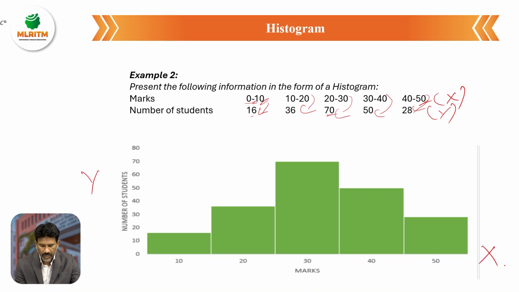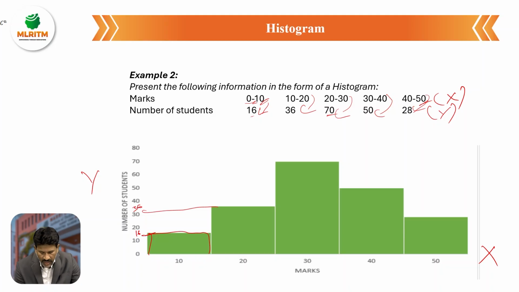If you see the first one, the range between 0 to 10, 16 students. You have to draw the 16 students here. So 16 is presented in between 10 to 20. Then 10 to 20 is 36, so 36 is presented here.